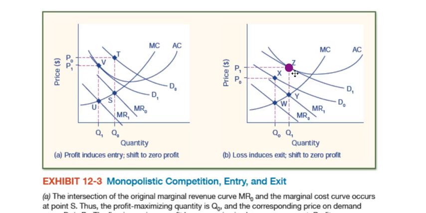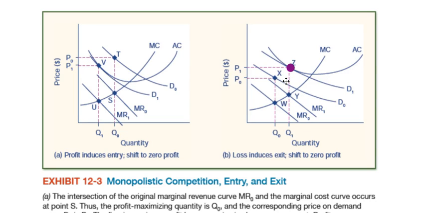So once again, in long run equilibrium, a monopolistic competitor is going to be at zero economic profit, where price equals average total cost.